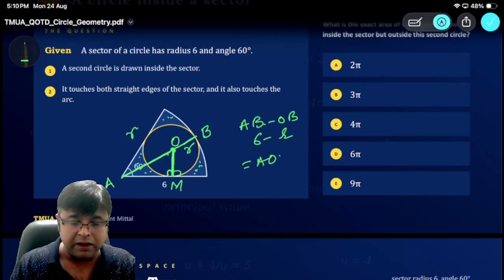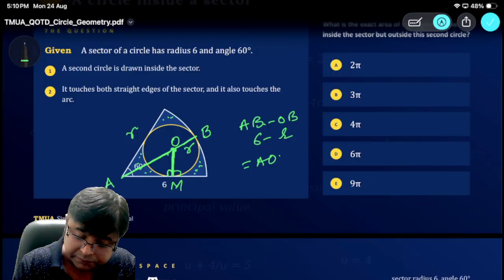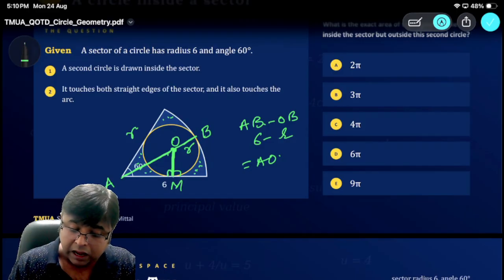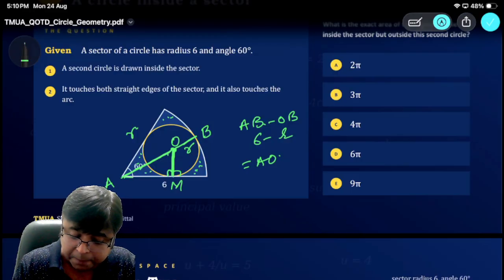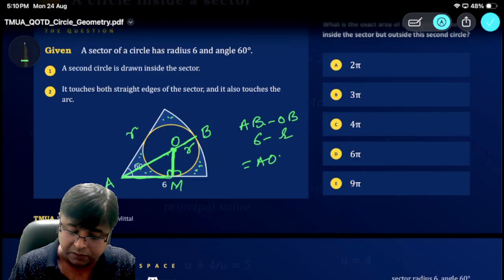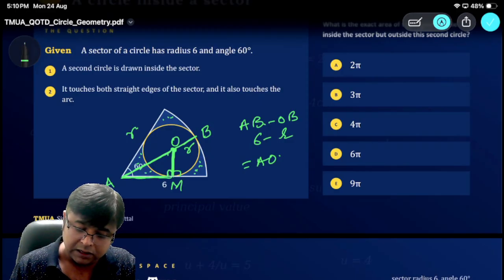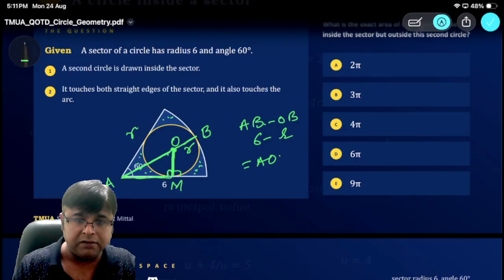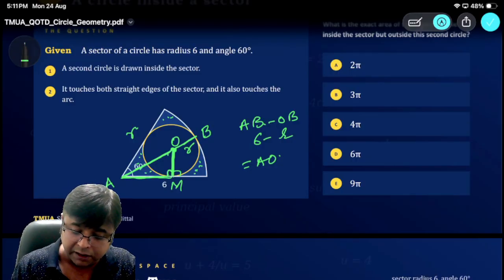Now I've got the length of AO. I know this is R, this is R. Now I need to figure out what this distance will be, and I can then apply the Pythagoras theorem. Or I can use a little bit of trigonometry also. How will I use trigonometry?